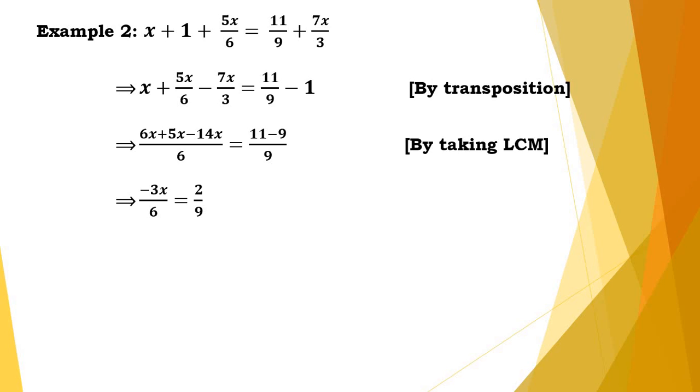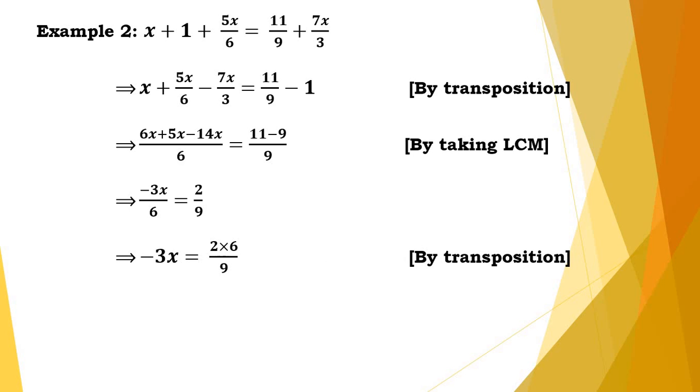Now you will cross multiply and send 6 to RHS. When 6 goes to RHS, it will be multiplied because it is dividing minus 3x in LHS. So its sign will change to multiplication.